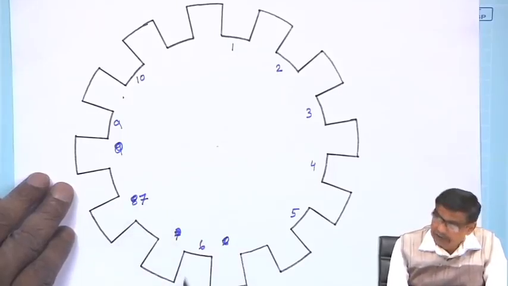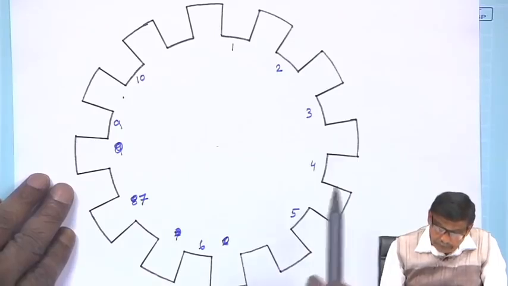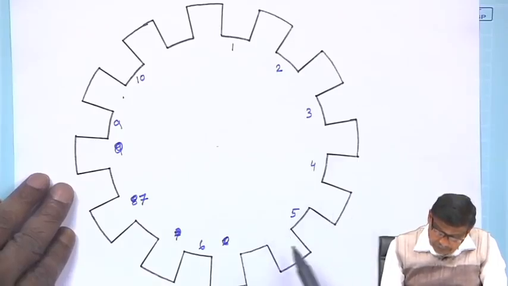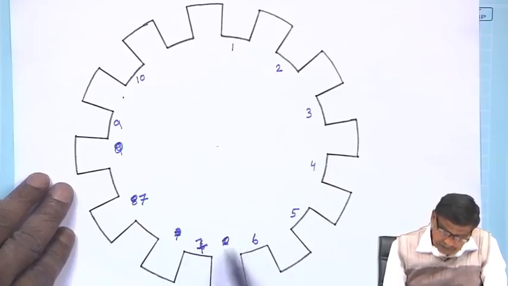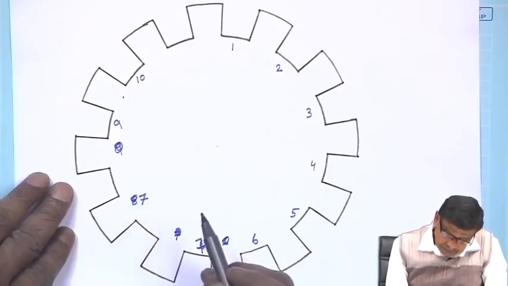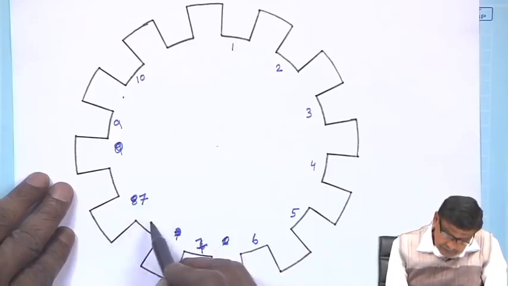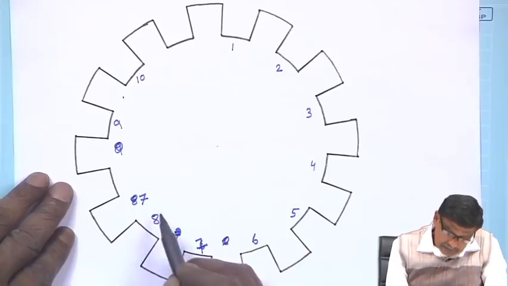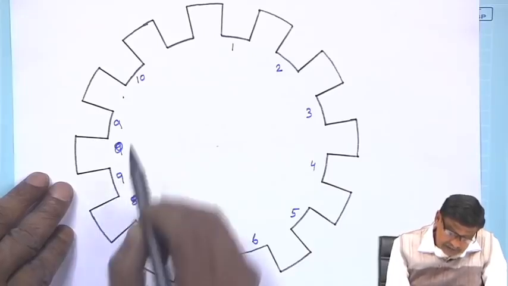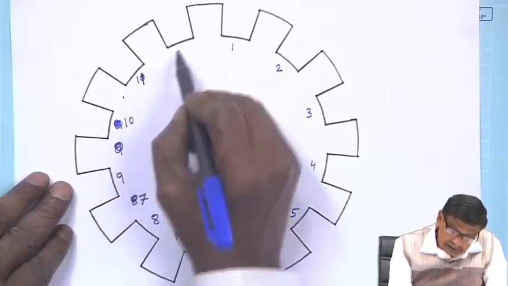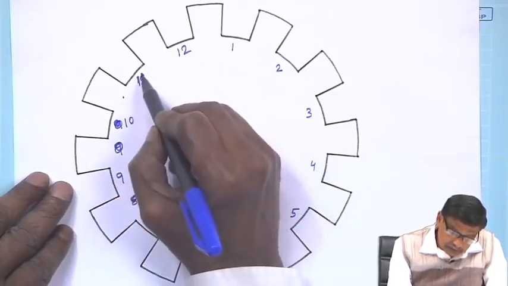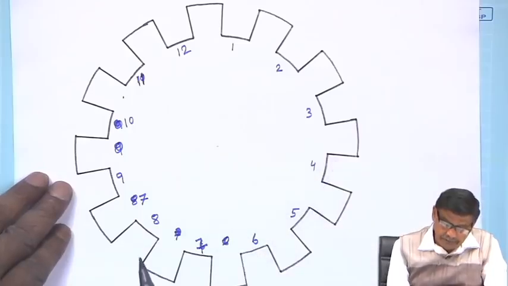The open spaces are the slots. 6 is there, this will be 7. Open 6, 7, then this is 8, this is 9, this is 10, this is 11 and this is 12. So, these 12 slots are there.